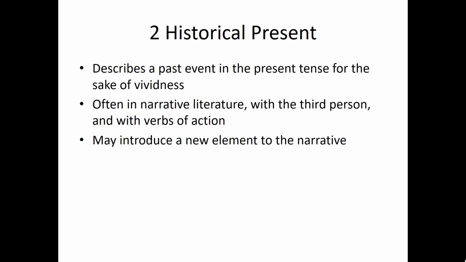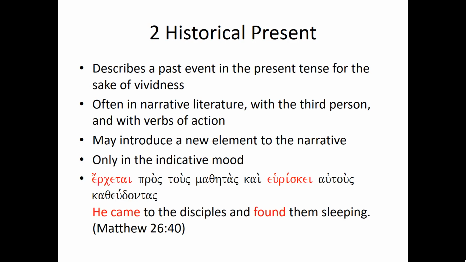This may introduce a new element to the narrative, so it's kind of a switch type of device. You're carrying along, oftentimes in the past tense, with the aorist, simple past, and then all of a sudden you'll use a present tense to indicate that something is switched, sometimes a new character or a new location, something new. This only occurs in the indicative mood. Frequently you'll see it with the verb erchomai.